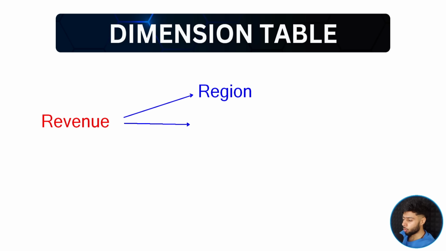Let's say you want to add a context to revenue by customers. That means you want to find revenue by each customer, or by a group of customers, by their age, anything. But this is a different context. Then you want to add a different context, let's say this time products.